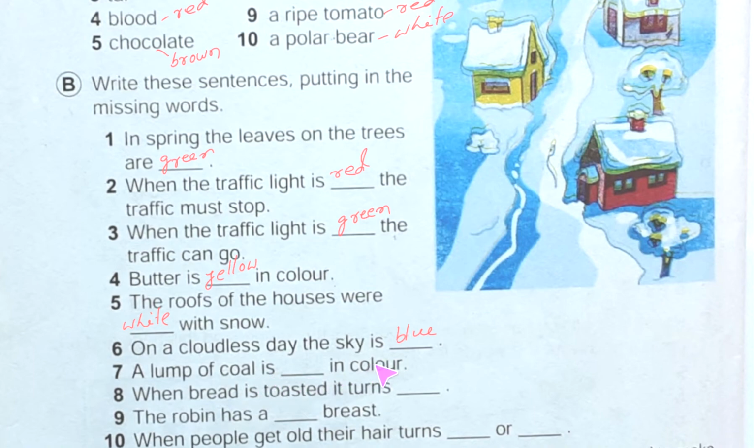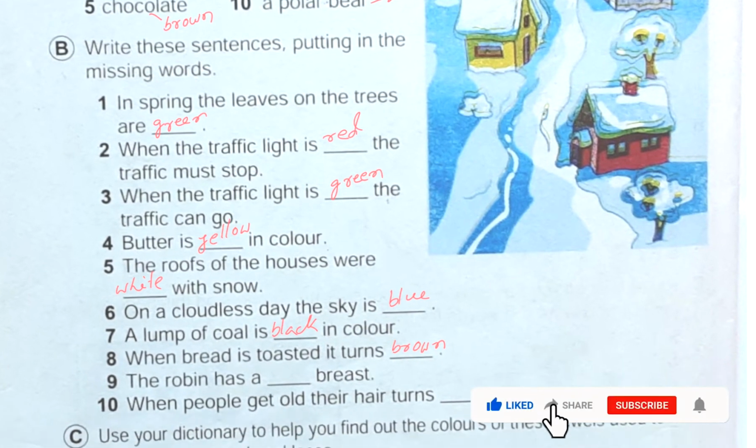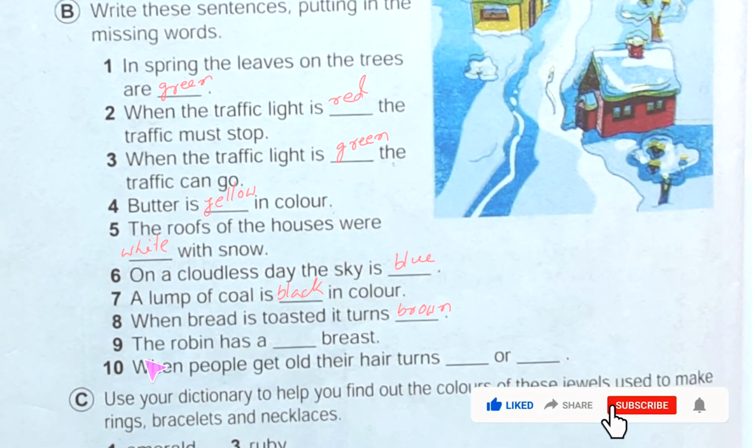We know all, that is black. 8 number, when bread is toasted it turns what? It turns brown. Next one, the robin has a dash breast. The robin has a red breast.